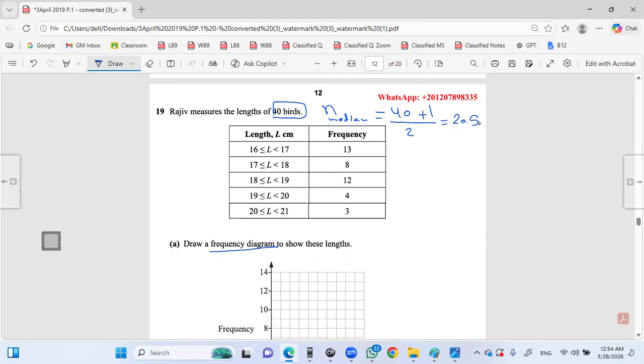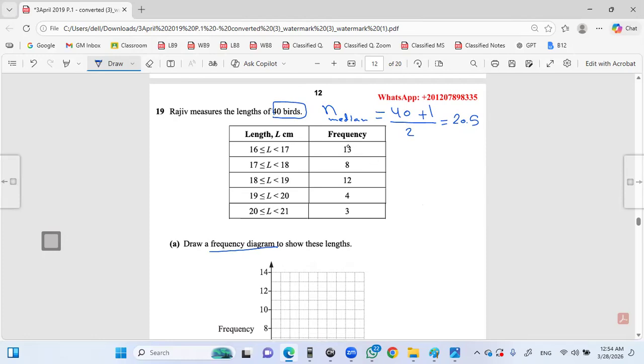Once you pass 20.5, then this is the correct class interval where the median lies. Again, I found that the position of the median is in the 20.5 position. It is between the 20th and the 21st. How did I know it? 40 plus 1, 41. Divided by 2, 20.5.